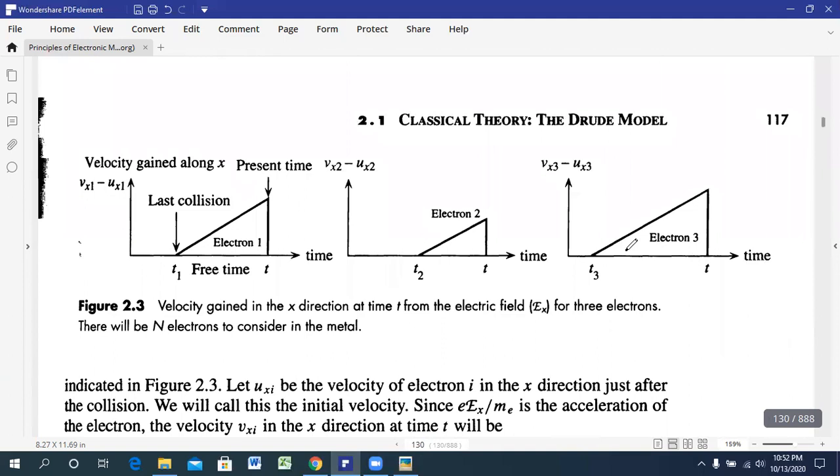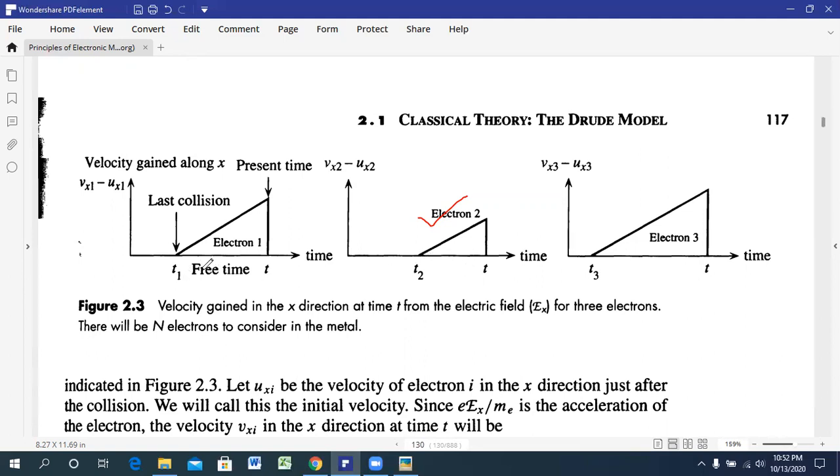Now let us assume, if we consider the first electron, the initial velocity is u_x1 and the final velocity is v_x1. Similarly for the second electron, u_x2 and v_x2. In the vertical direction they are mentioning the velocity, and in the horizontal axis the displacement.